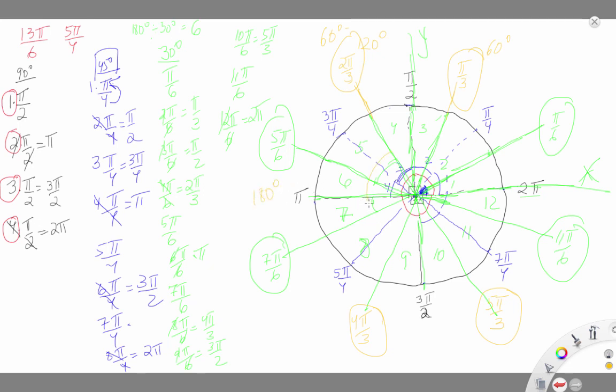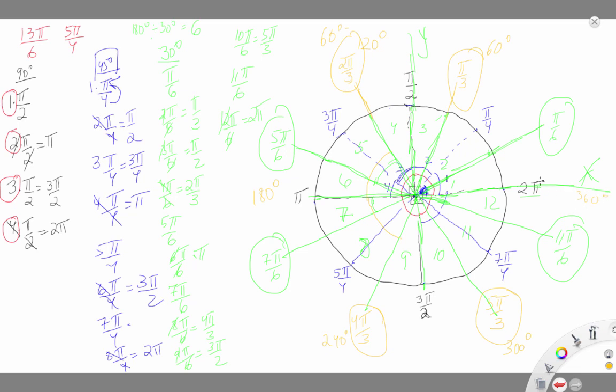And if I go another 60 degrees over here, I end up at 180 plus 60, which is 240. Again, it's an angle divided by 3. And if I do this 60 degrees again, I get to 300 degrees, or 5 pi over 3, and finally I end up at 360 degrees.